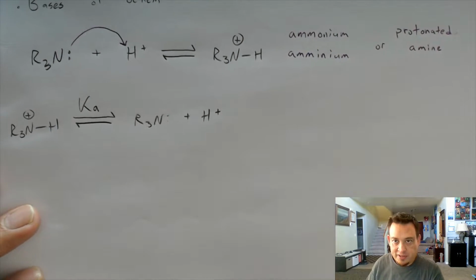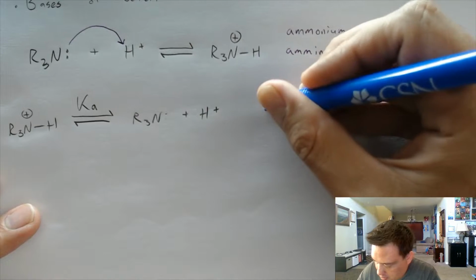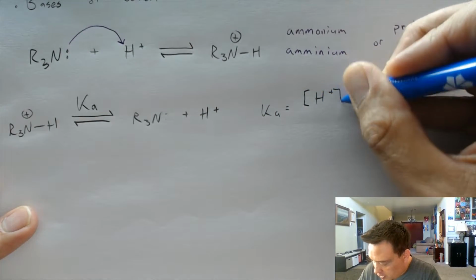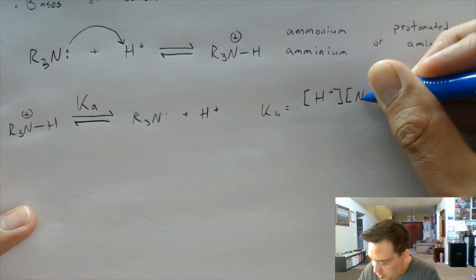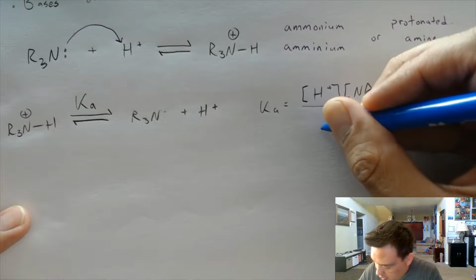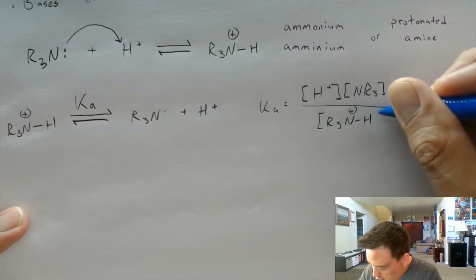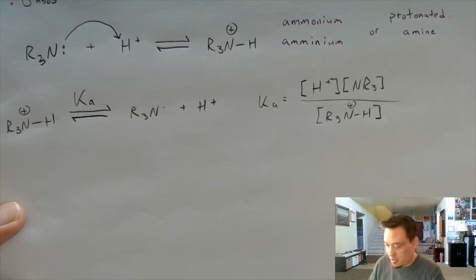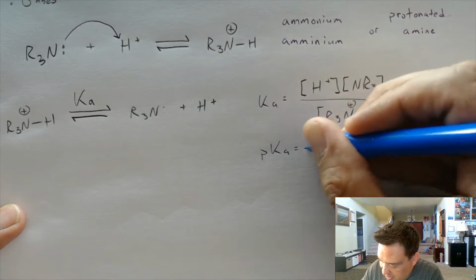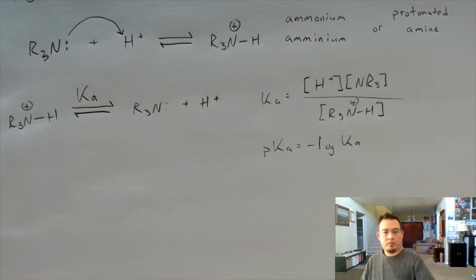And if you were being asked to show the Ka expression for this, remember this is products over reactants raised to their stoichiometric coefficients. Like that, and then you should also remember that the pKa is simply negative log of the Ka.